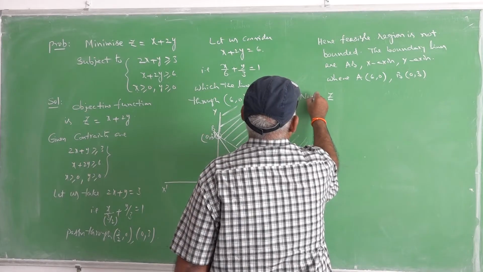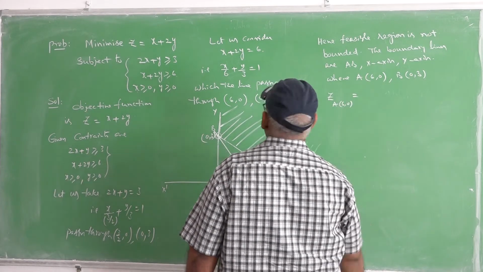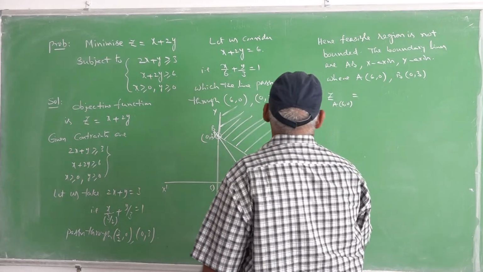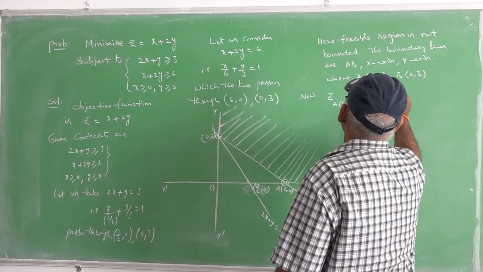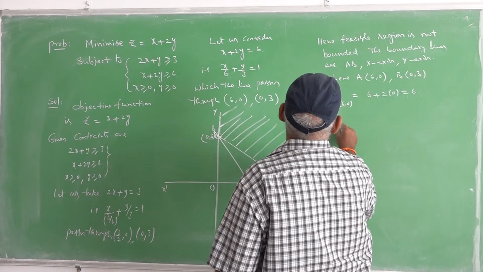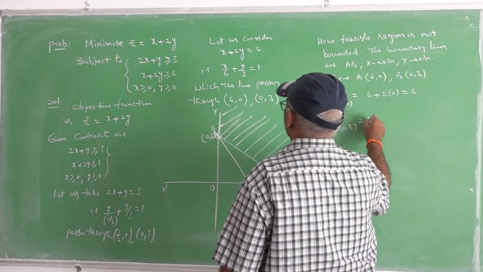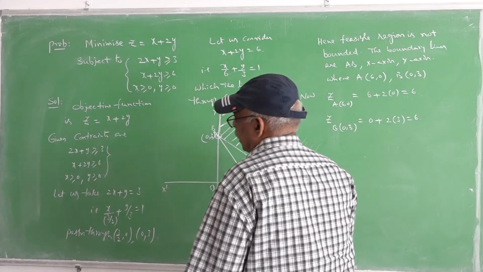Now, Z at A, 6 comma 0, is 6 plus 2 into 0, that is 6. Z at B, 0 plus 2 into 3, that is 6.